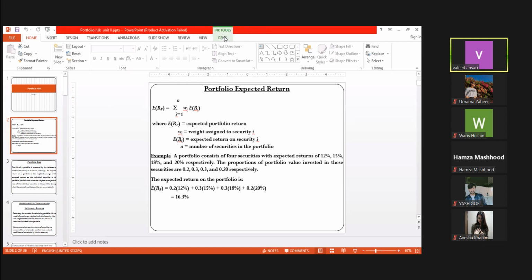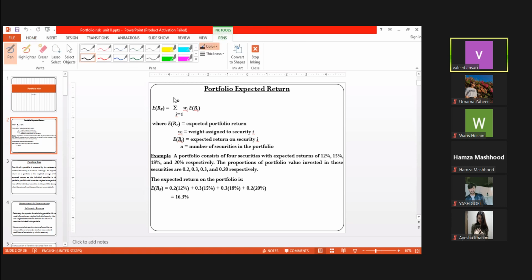The calculation of portfolio return is very simple. For example, let us say there are two securities, I and J. Security I provides 12% return and security J provides 15%.